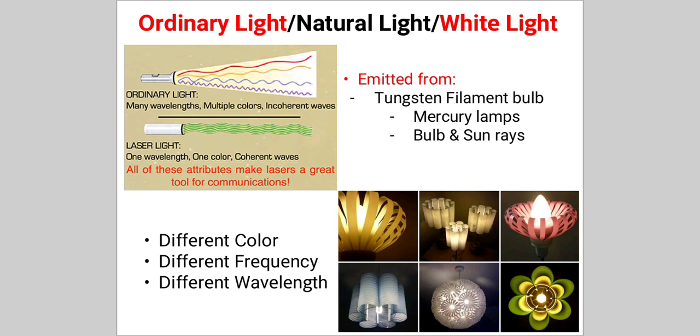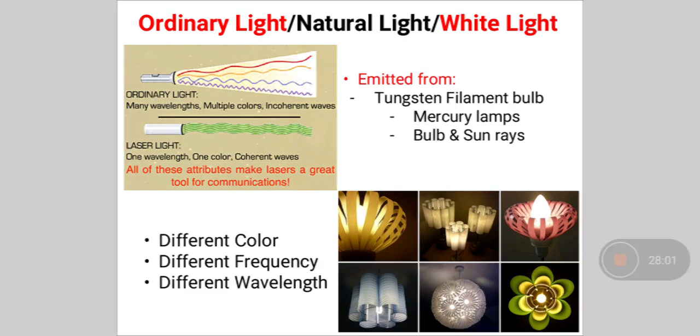Whatever light sources are available in our home, such as tube lights, tungsten filament bulbs, and sun rays, all come under the category of ordinary light, also called natural light or white light, because it has different colors. If such light sources are transmitted through any transparent material, we can observe different types of colors, because this light has its own property, that is, it has different colors.